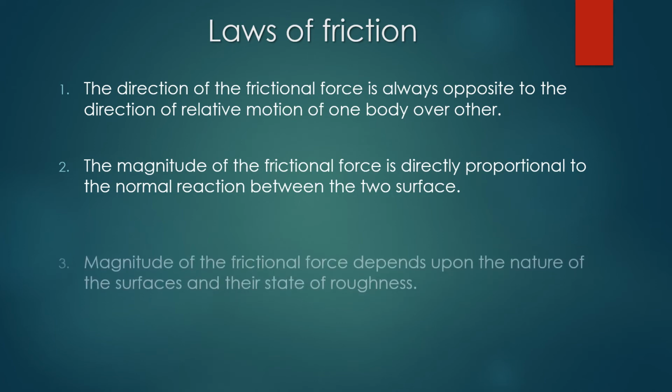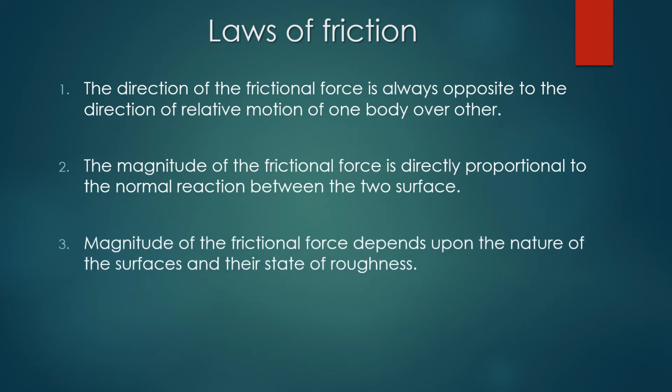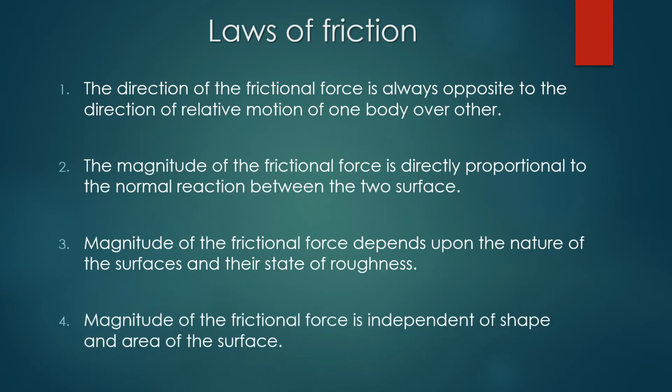Next one, the magnitude of the frictional force depends upon the nature of the surface and their state of roughness. The last one is the magnitude of the frictional force is independent of the shape and area of the surface.